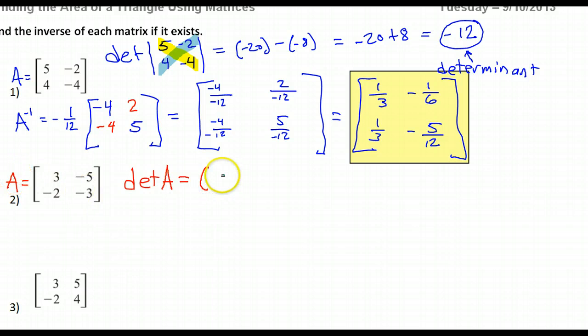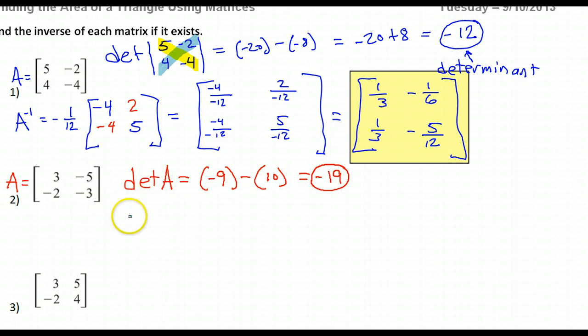So the down diagonal, that's -9, minus the up diagonal is +10. Okay, so -9 minus 10, that's -19. So there is my determinant. That's the thing that later on I'm going to be dividing everything by.